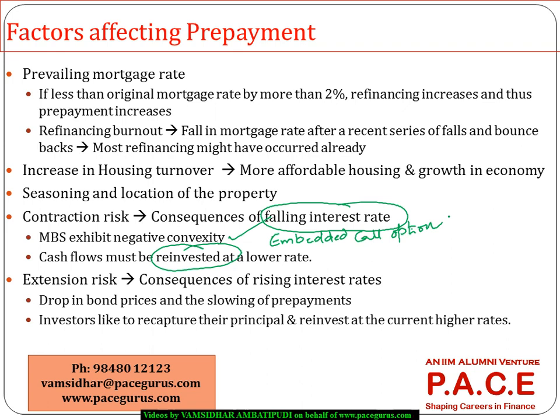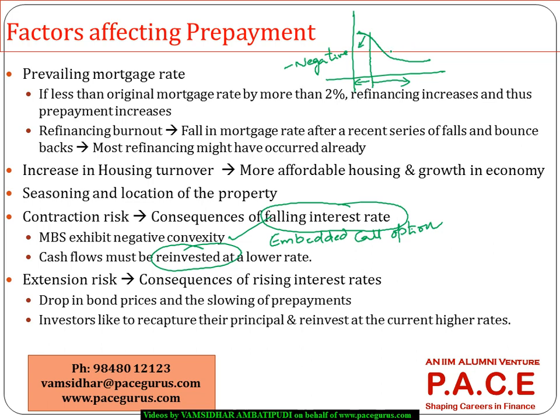So just like a call option, at lesser interest rates, the mortgage backed security also exhibits a kind of negative convexity below a particular interest rate, and after a particular interest rate, it exhibits positive convexity itself.